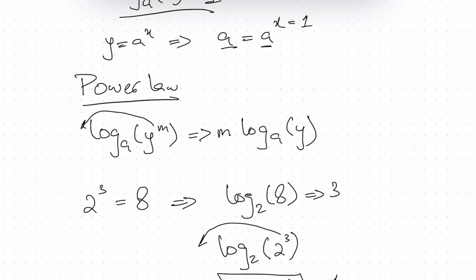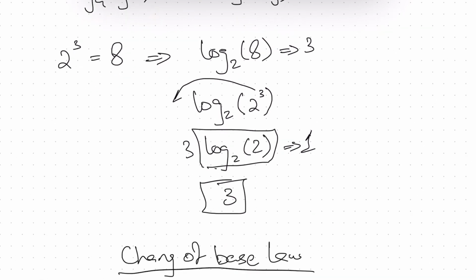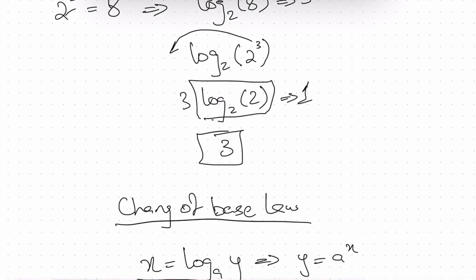Then we had the power law, where anything in the power becomes the coefficient. We saw an example: 2 cube is 8, and we write it in log form. We know 8 is 2 cube, we brought the 3 to the coefficient, and we had log 2 of 2, which by identity is 1, so we're left with 3.